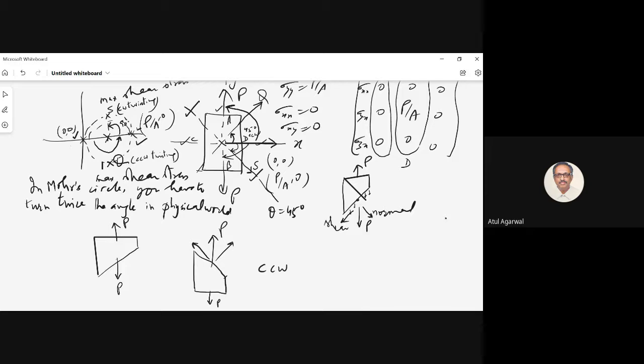But now you have to draw normal and tangential component of this force. So how is it twisting this body? It is twisting it clockwise. You see, this force is causing a clockwise twist on this body.